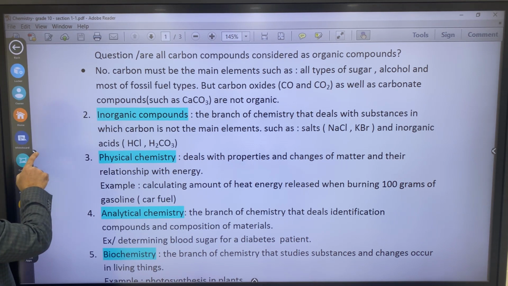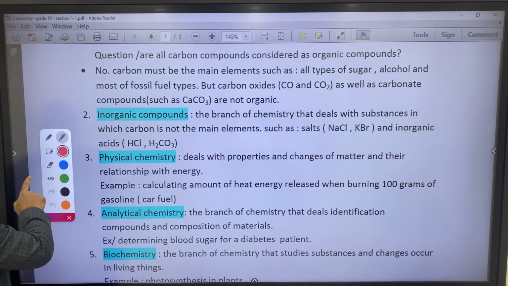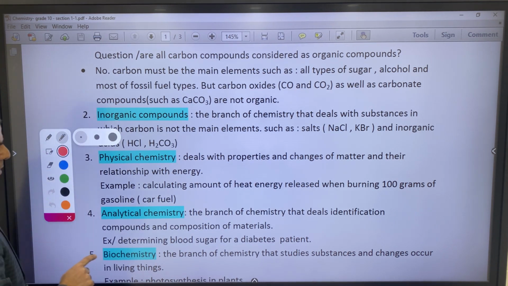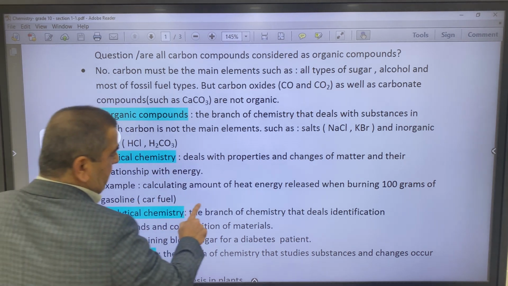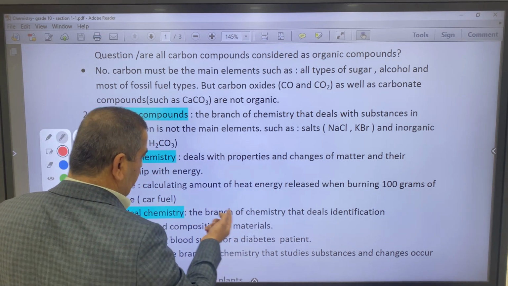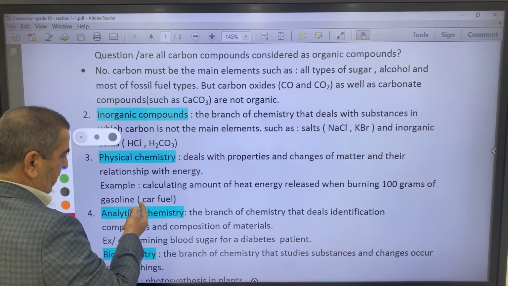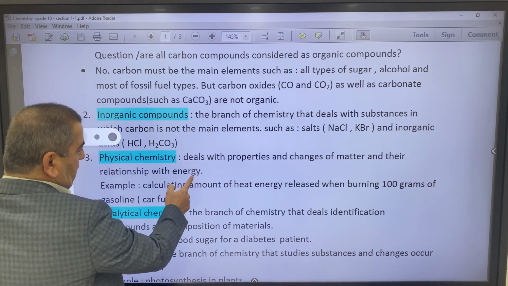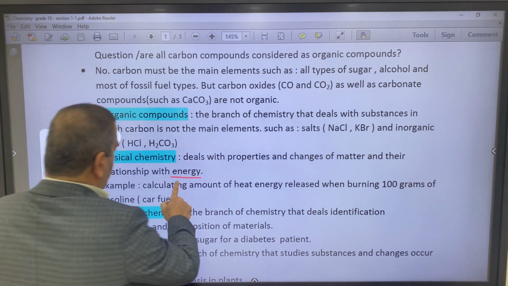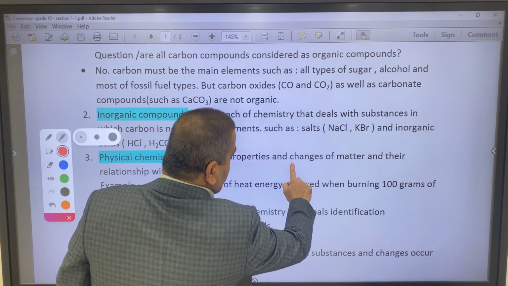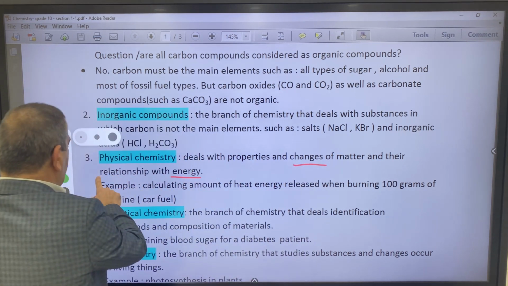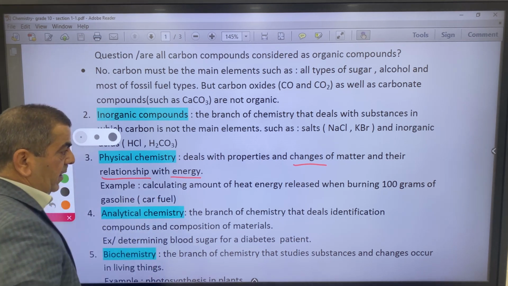So wherever we relate the change of matter to energy, we have the change and their relationship with what? With energy.